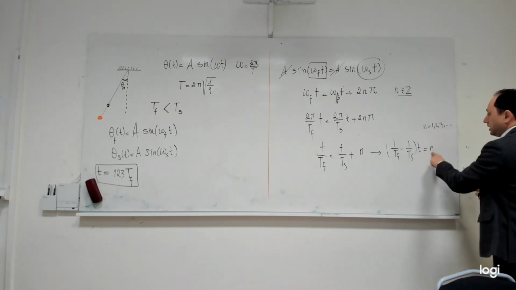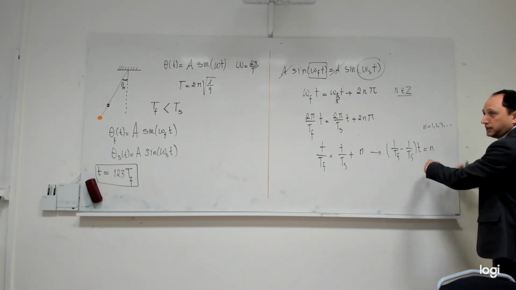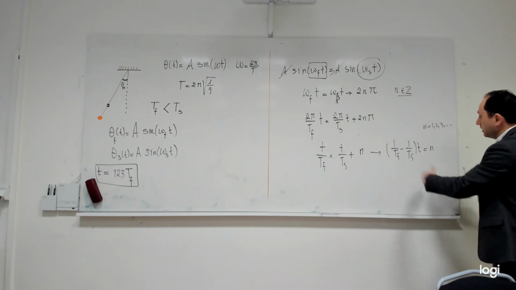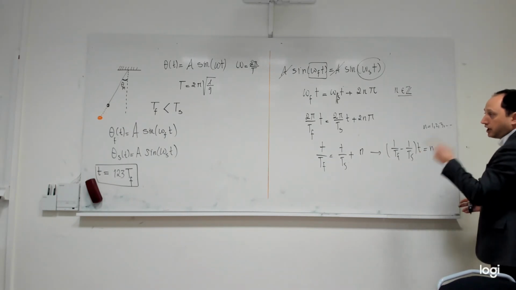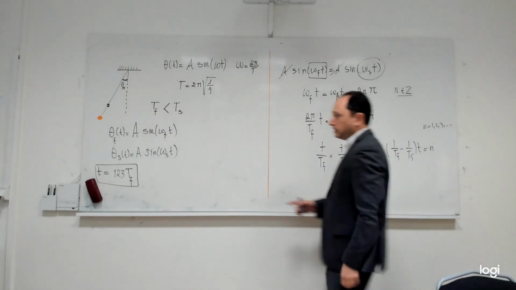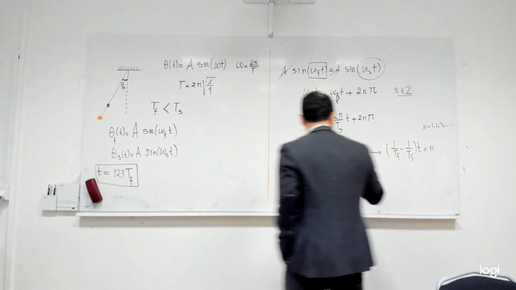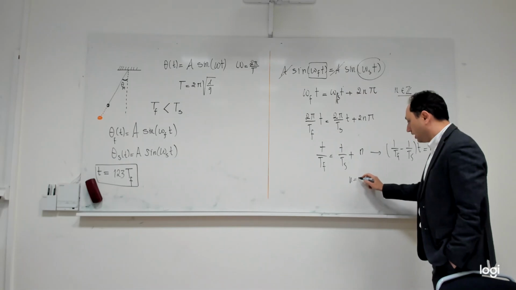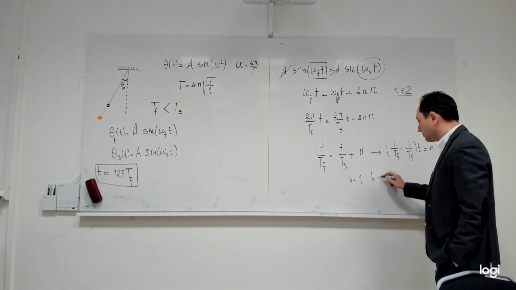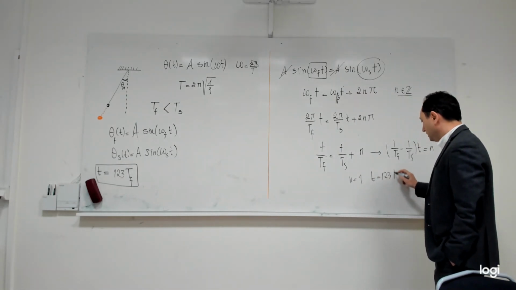If I put 2 here and calculate t from here, this is happening for the second time, and so on. Yes? But I know that for the first time, the time is 123 T_f. So it means that if n is 1, t is equal to 123 T_f.